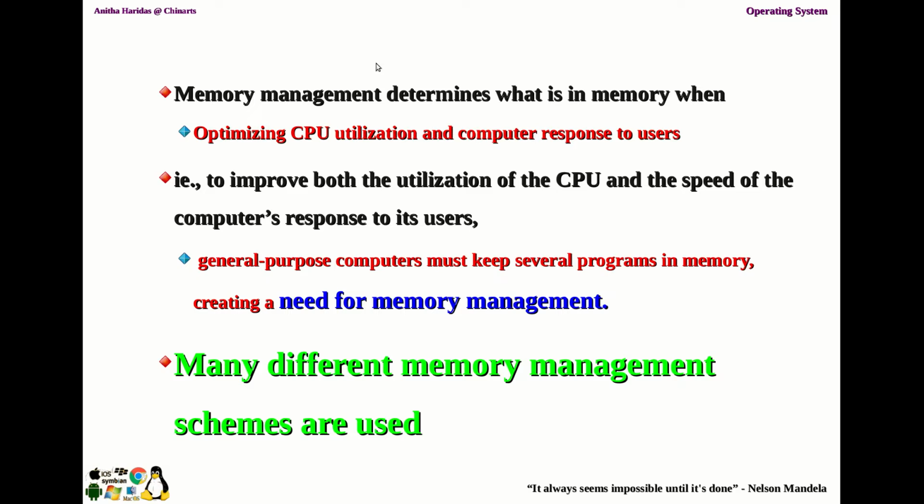This is what you call optimizing the CPU utilization and computer response to the users. If you want to improve the utilization of the CPU and the speed of the computer's response to its user, then general purpose computers must keep more than one program in the primary memory.